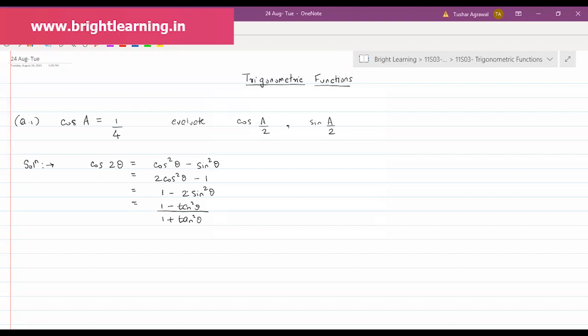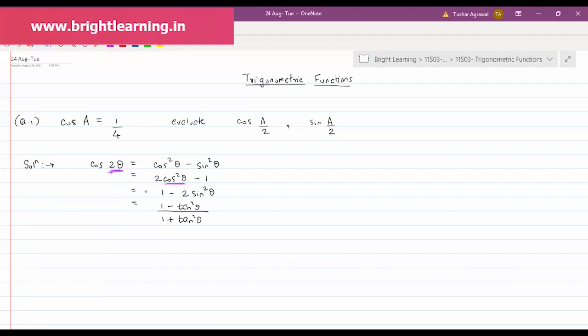Okay, so these 4 identities we had, between cos of twice theta and the trigonometric ratios of theta. So what identity is useful for us for A and A by 2? Can you see this identity will be useful? Cos of some angle and cos of half of that angle. See, cos 2 theta and cos of theta.